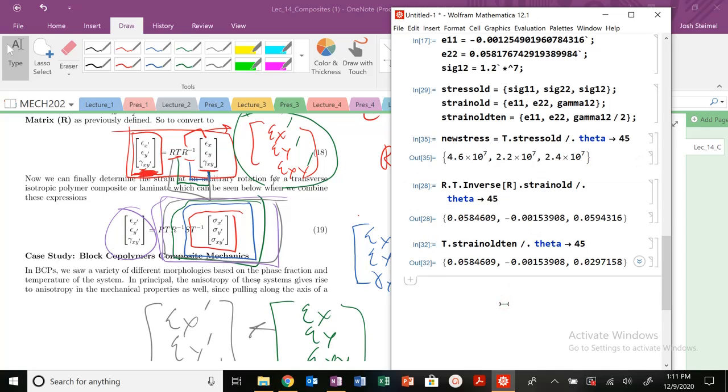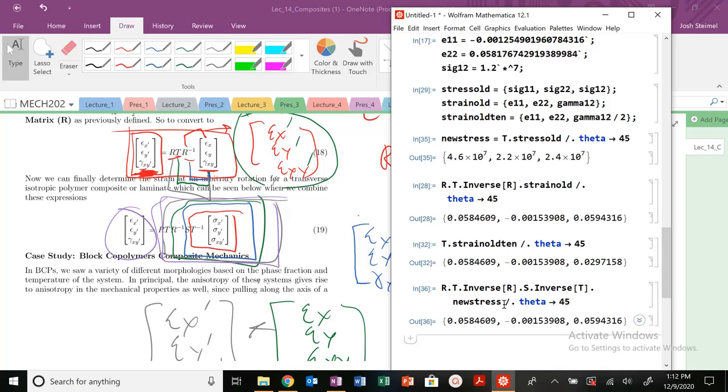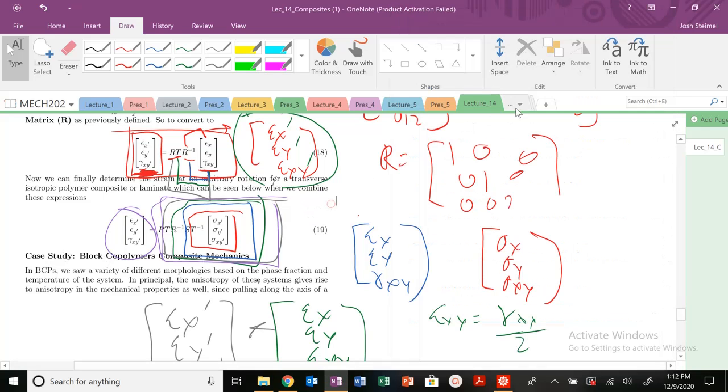So I could use this r dot t dot inverse r dot s dot inverse of t dot my new stress, slash dot when theta goes to 45 degrees. And let's see, same, same, same. So you see our two equations are equivalent. So multiple ways, again, you could double check your answers, but those will be the stresses and strains in our new coordinate system.